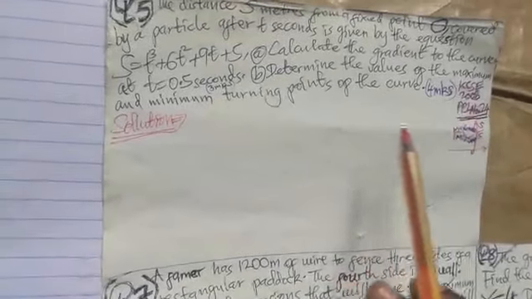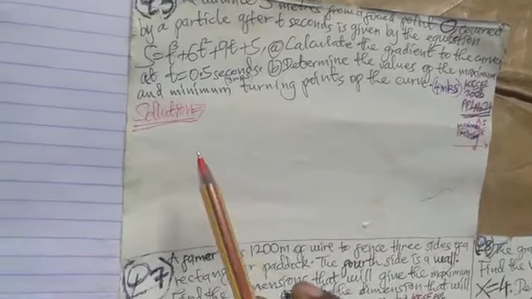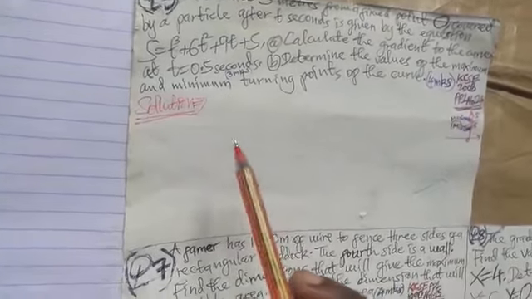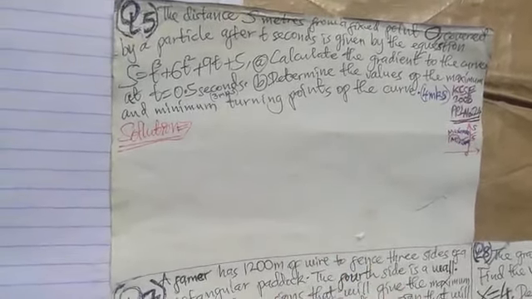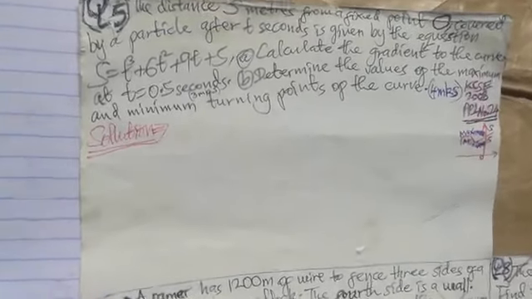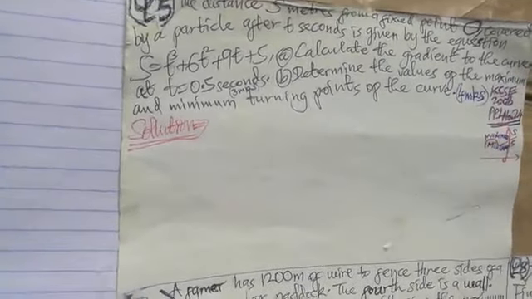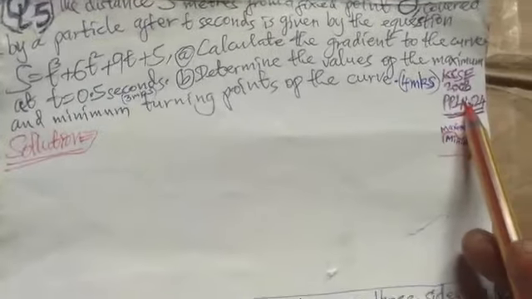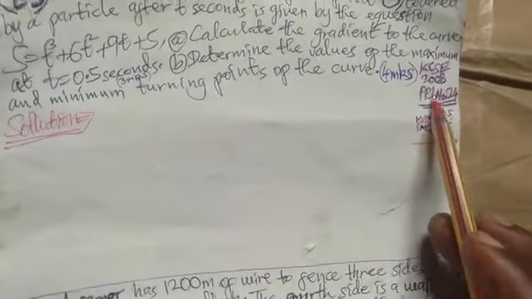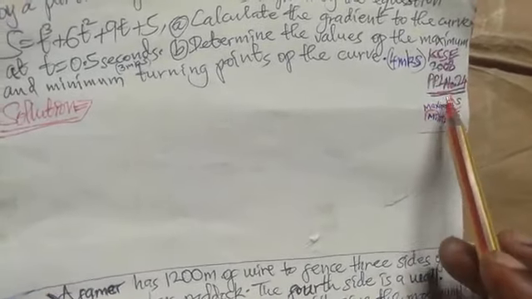A. Calculate the gradient of the curve at t = 0.5 seconds. B. Determine the value of the maximum and minimum turning points of the curve. For marks, this question was set in the KCSE 2008 paper 1, question number 24.